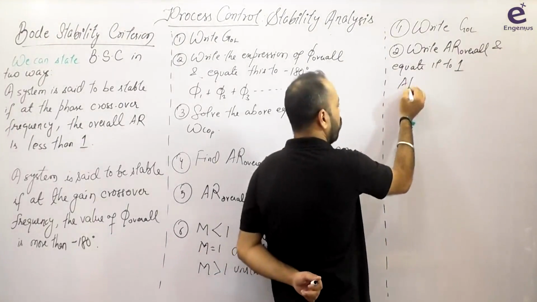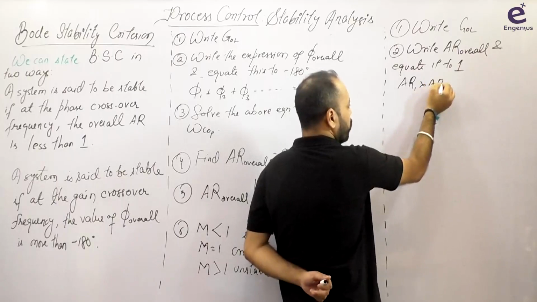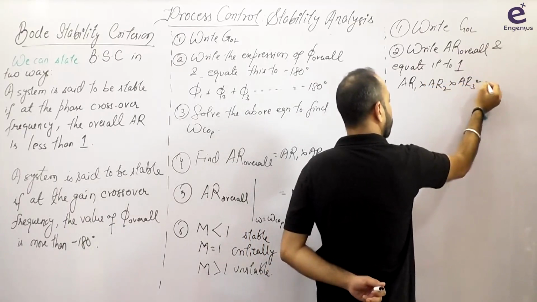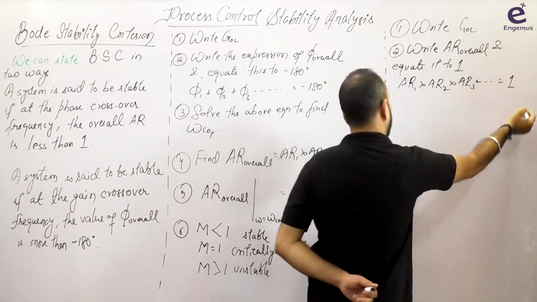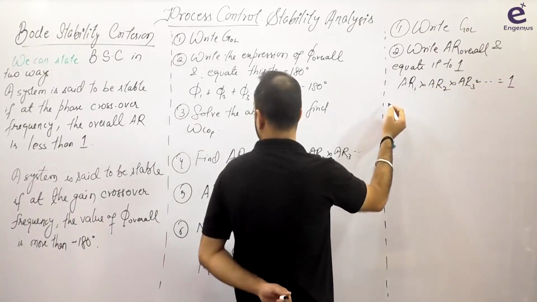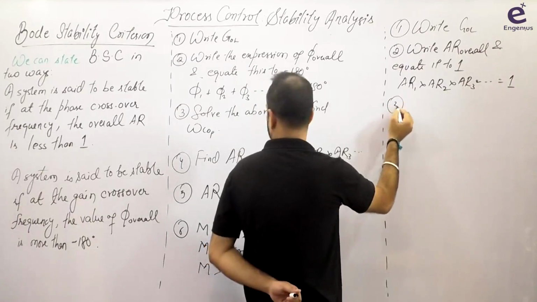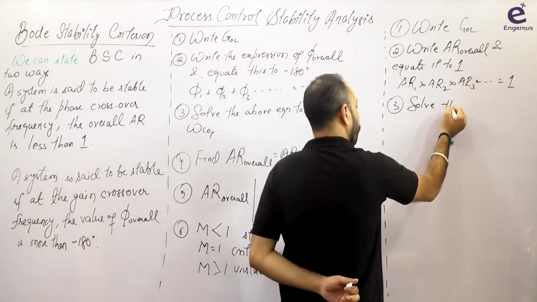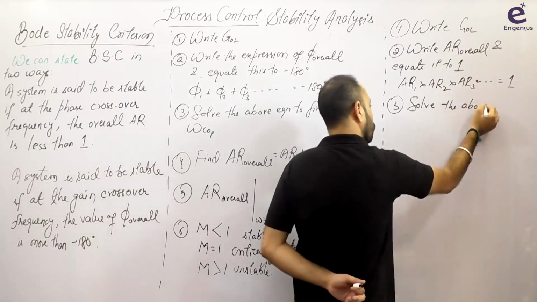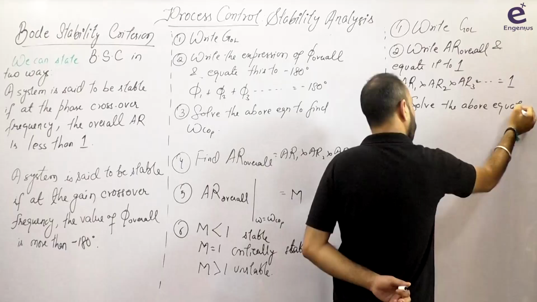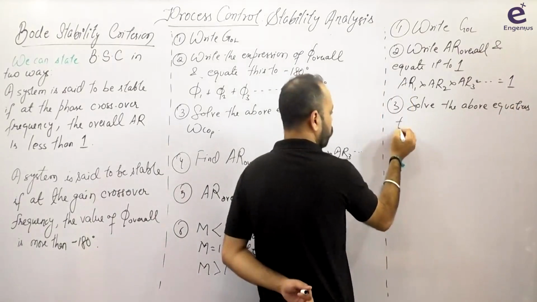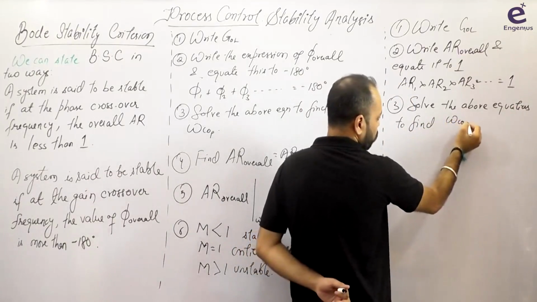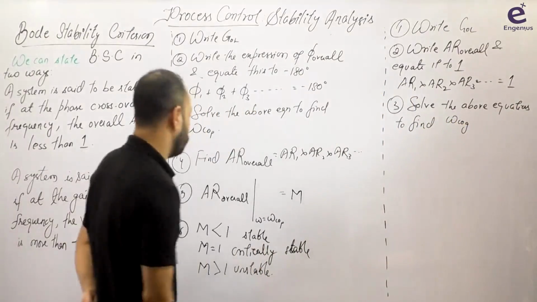So I'll write here AR overall, which will be an expression as a function of omega, and that is equal to 1. From here, solve the above equation to find the gain crossover frequency, omega COG.